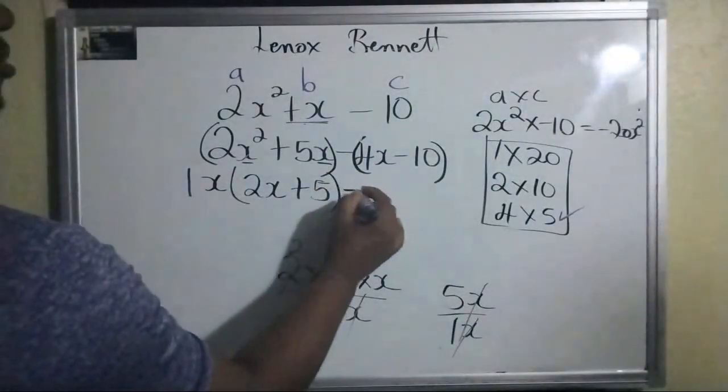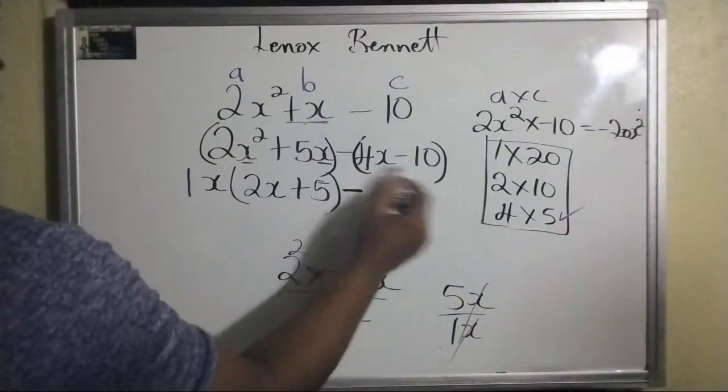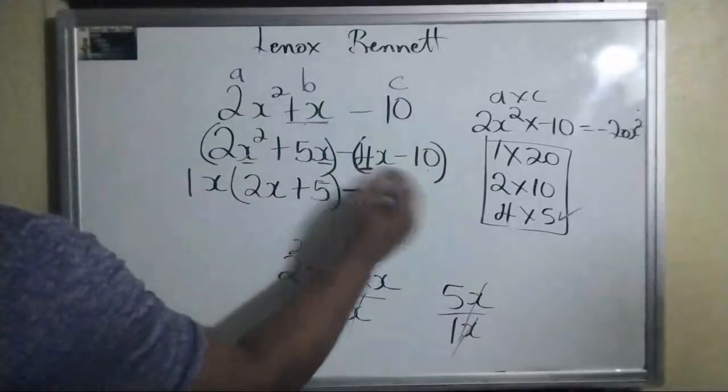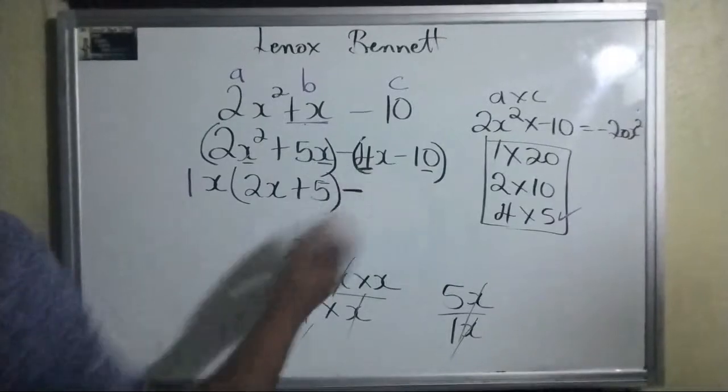Put the minus, and then you find the highest common factor of 4 and 10. What is the highest number that can go into 4 and 10 without a remainder? What's the highest common factor? Is it 1? No. 2, because 2 can go into all even numbers.